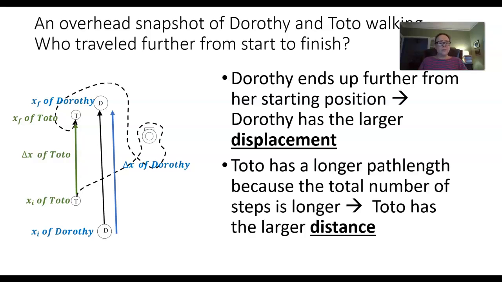He had the longer path length because he took more steps. He was zigzagging in and out. So Toto has the larger distance. And so in physics, we want to have clear definitions for both of these things, displacement and distance, because they really are different ways of looking at this question of how far.